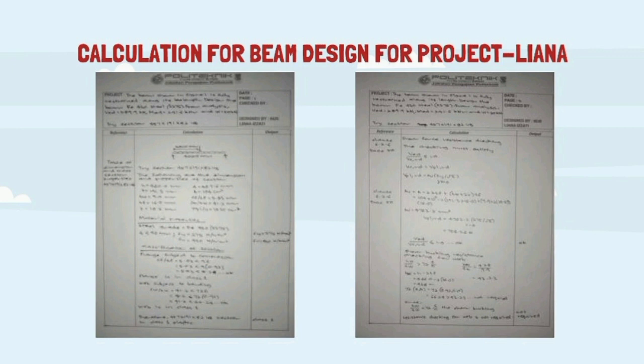HW divided by TW is 428 divided by 9.9. The result is 43.23. 72 times epsilon divided by eta, the result is 66.24, greater than 43.22. The result is not required.